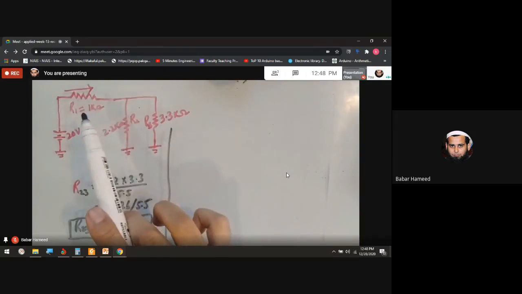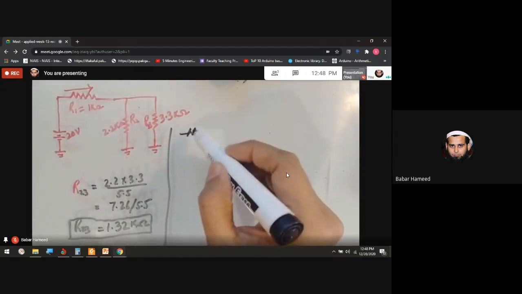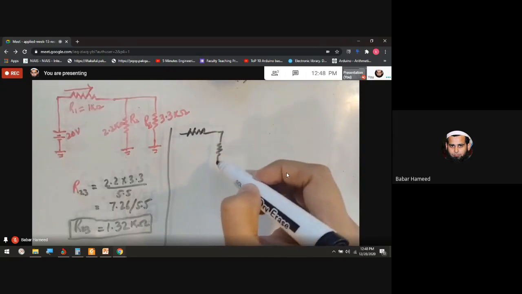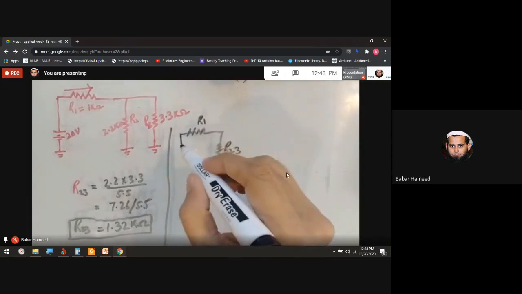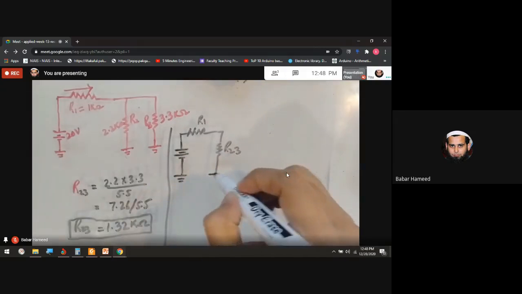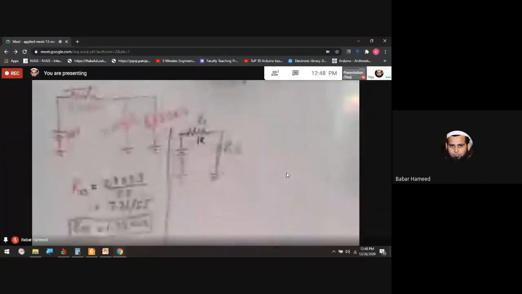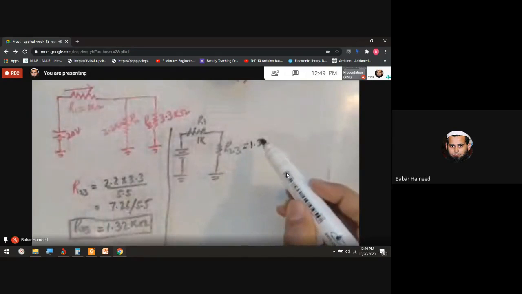Now I can add this R1 to R23 to find its series combination. R23, R1. So 1K, and R23 is 1.32K.